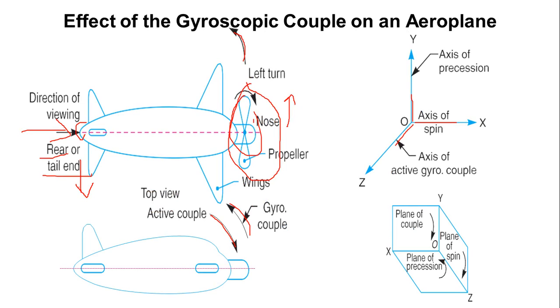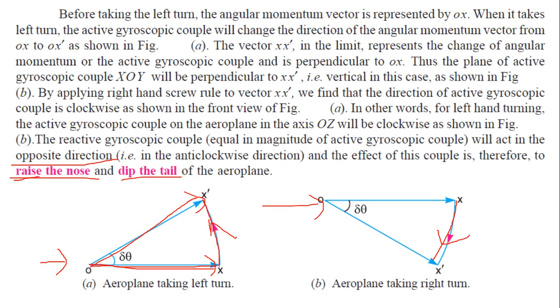This is the condition when it is having the gyroscopic couple. When it suddenly changes the direction of this aeroplane, the nose part will move a little bit in the up direction, and the tail part will come down. These conditions you need to try to understand, raising the nose and dipping the tail of the aeroplane.